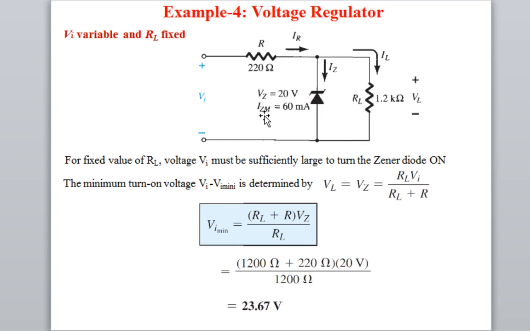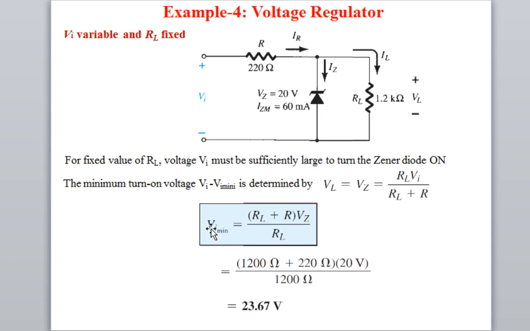That means VL is equal to VZ, since both are in conducting state. So we can write the formula VL is equal to VZ is equal to RL into VI, the input voltage, divided by RL plus R. Same formula we are using. Now VZ is known, so we can calculate VI: VZ into RL plus VZ into R is equal to RL into VI, so VI is equal to VZ into RL plus R divided by RL.